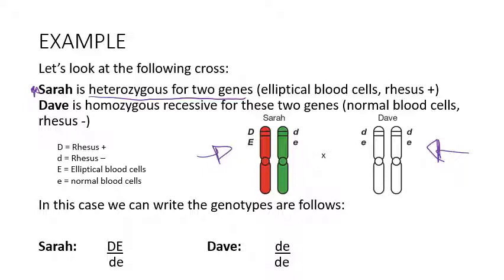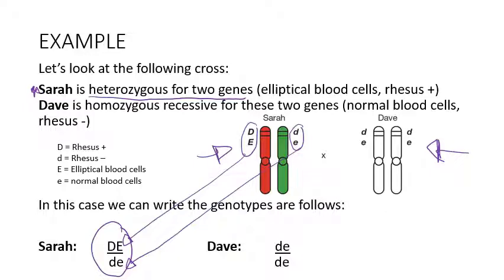For Sarah, we can see that she's got a capital D and a lowercase e allele on one chromosome. So we can write that on the top of our fraction, or one side of our fraction, and we can write the lowercase d, lowercase e on the other side of our fraction, and that gives us her genotype. She's still heterozygous because she's got a capital letter for each of those genes and a lowercase letter for each of the genes as well.